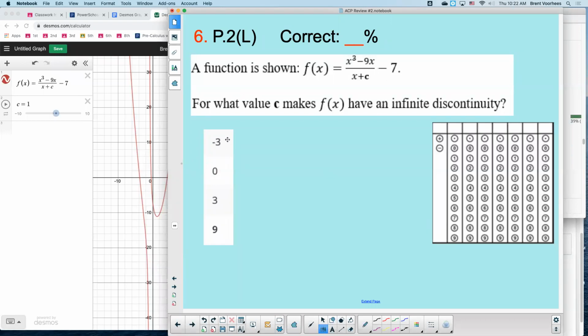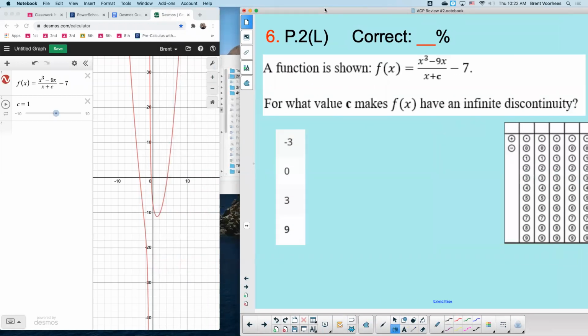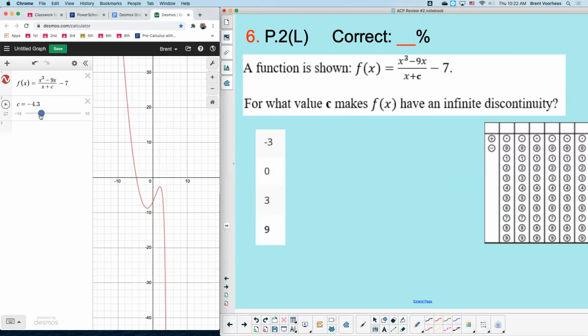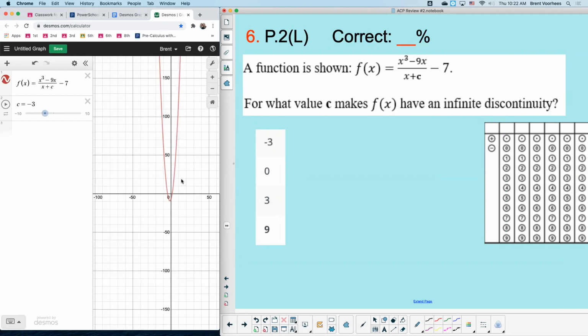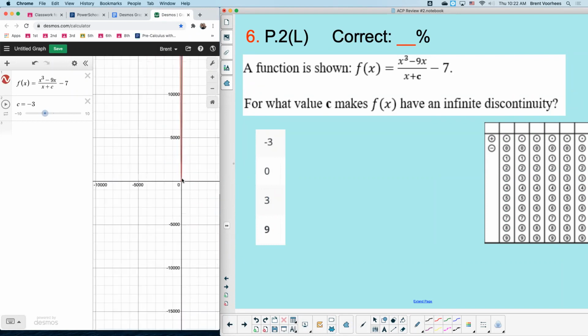What we're going to do is look at the different values and see which one's correct. If c is a -3, question for you, do we have an infinite discontinuity? I'm going to zoom way out.